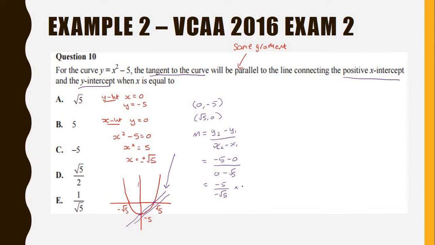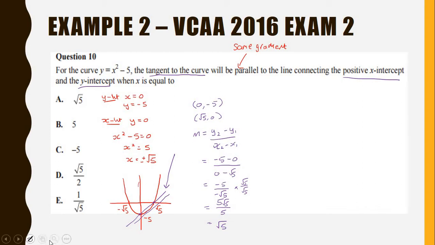We can simplify by multiplying by square root of 5 over square root of 5 to rationalise the denominator. Our negatives will cancel out, so I'll have 5 square root of 5 over 5, and our 5s will cancel out, giving me just the square root of 5.